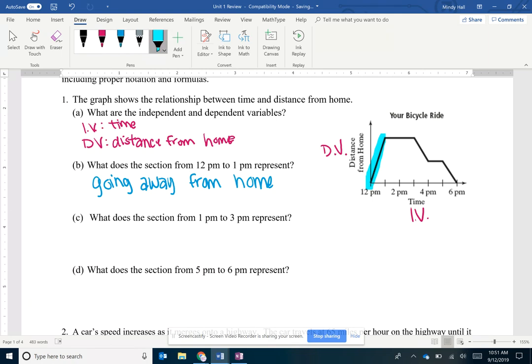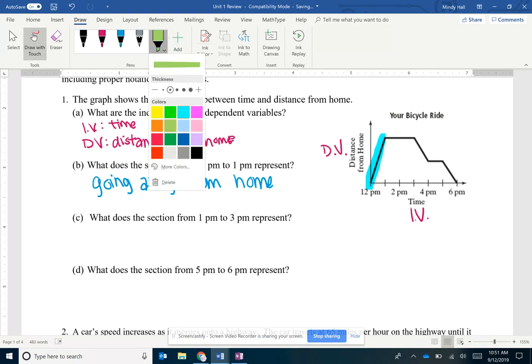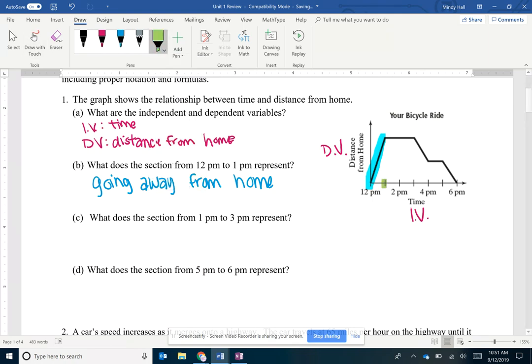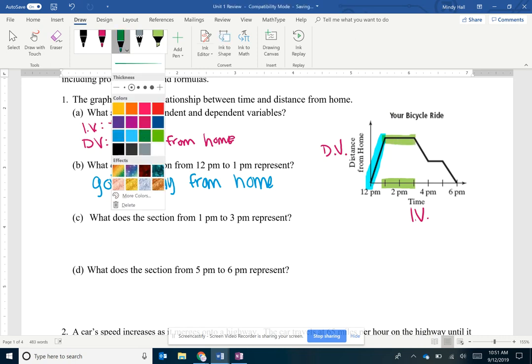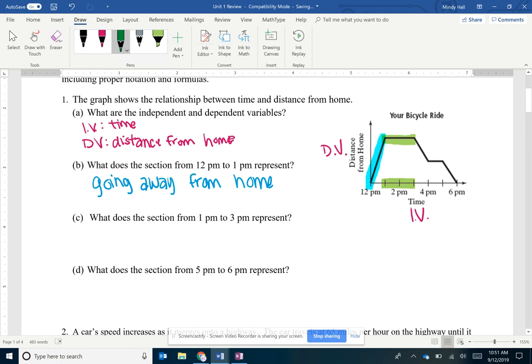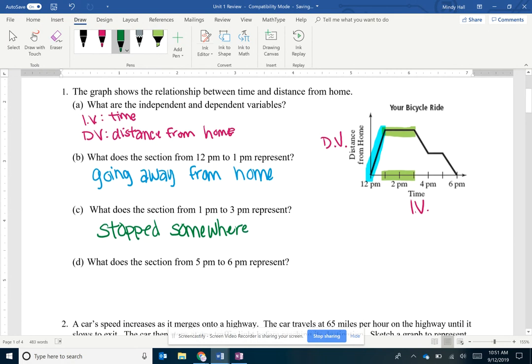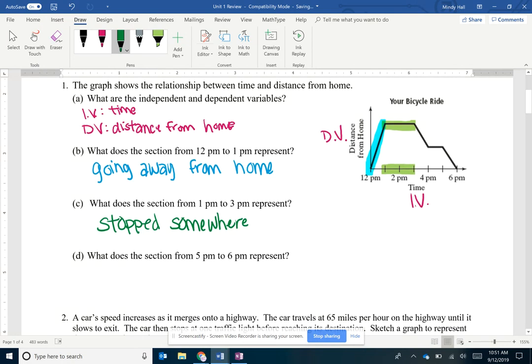So then the section from 1 to 3 is, let's see, 1, 2, 3. So that is this section, which is right up here. If you notice with that one, my distance from home is not increasing, it's not decreasing, it's just stayed the same. So we are stopped somewhere, which we might have gone to a friend's house, we might have gone to see a movie or something, who knows.